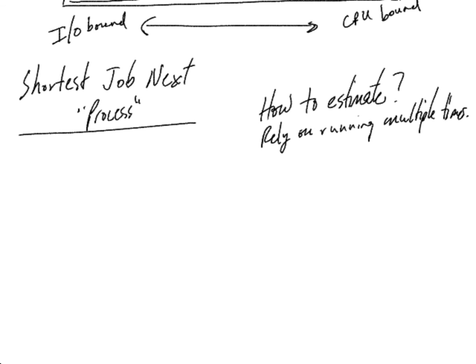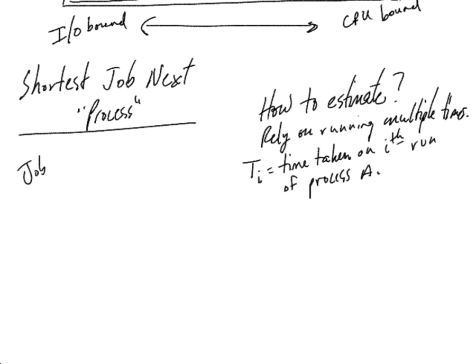So, for example, let T of i be the time taken on the ith run of some process A. Let's make a table. We have job time and we have estimate.